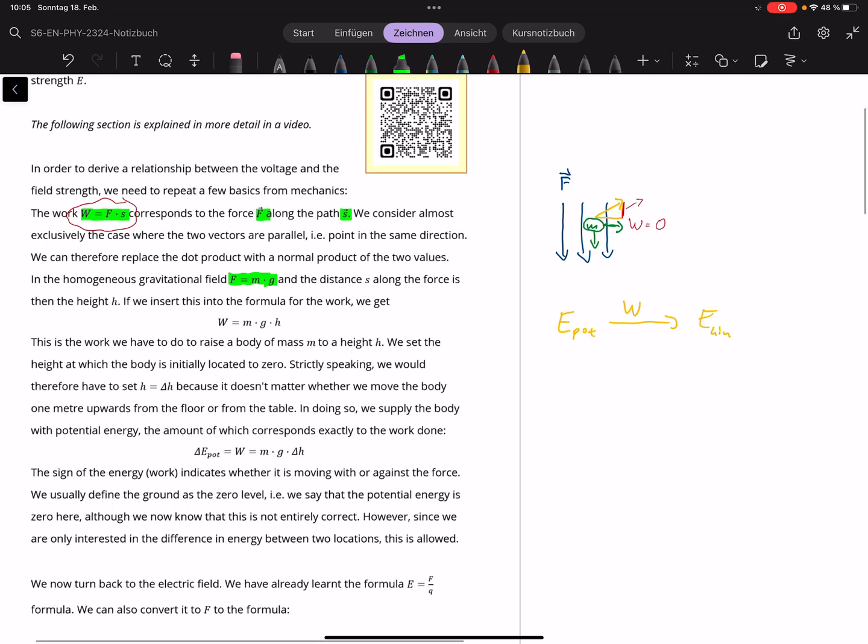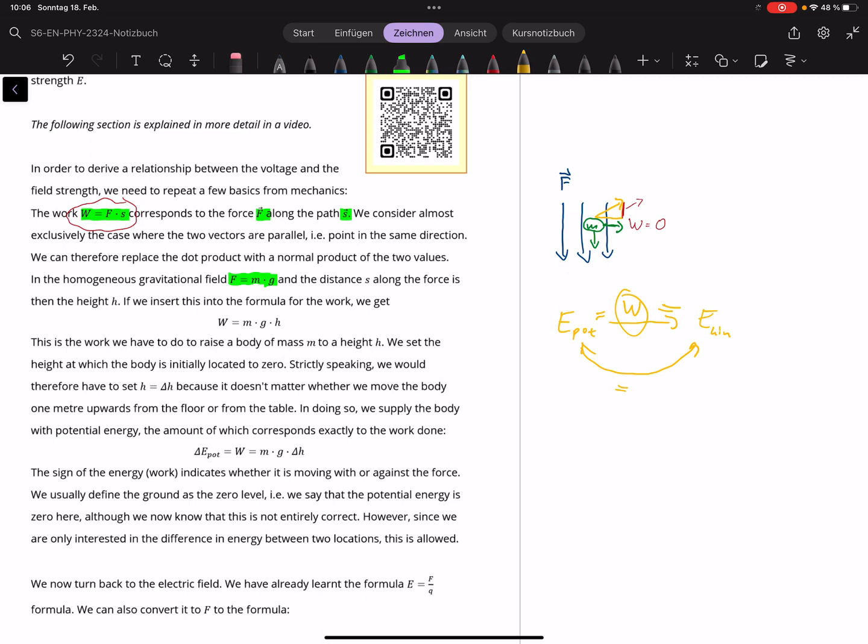Since that energy and this one here are equal in their value, we can consider that also the work that is done is the same. Okay, so we have an equation where potential energy equals the work that is done to transform that energy into kinetic energy, which is again the same.